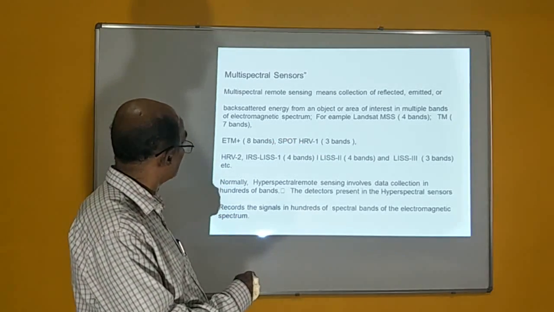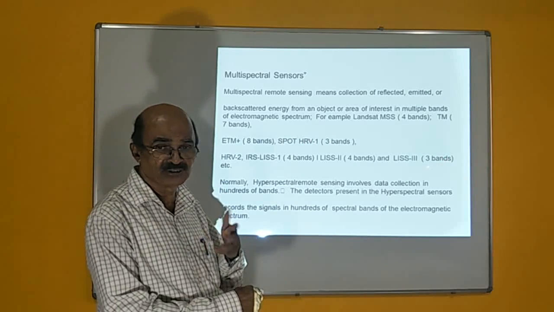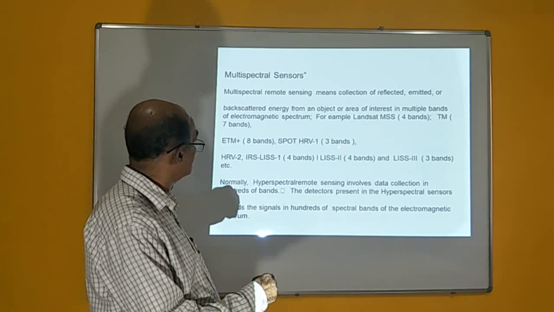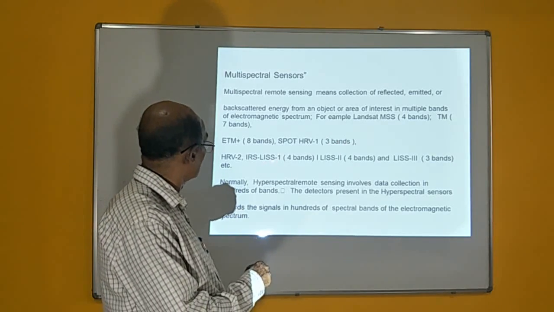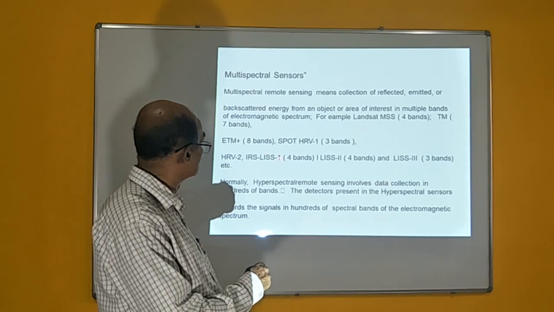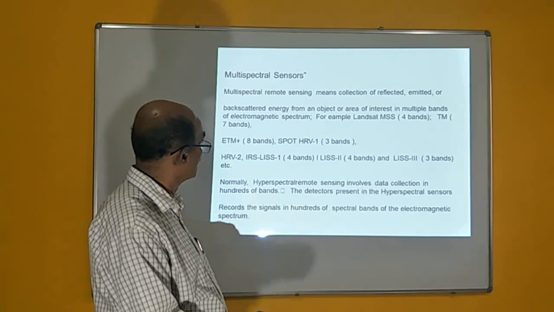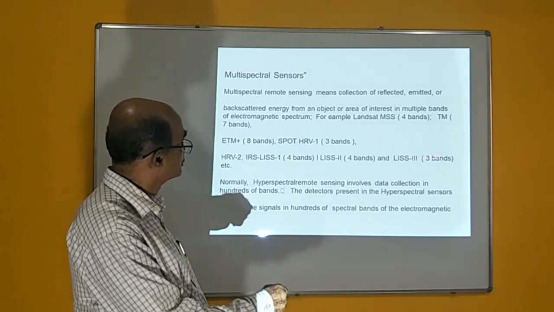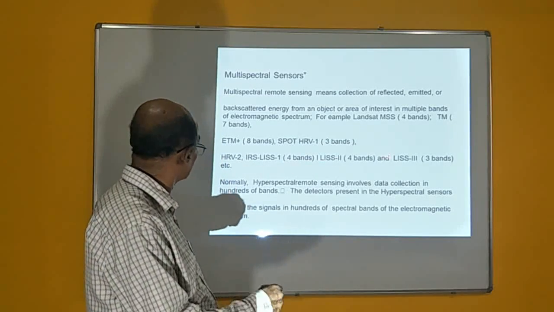The SPOT satellite carries a sensor called high resolution visible imaging sensor, which collects the data in 3 bands. Then we have the HRV2. The Indian remote sensing satellite linear imaging self-scanning sensor, LISS-1, collects the data normally in 4 bands. LISS-2 also collects the data in 4 bands. Then we have LISS-3, 3 bands. These are some of the examples of multispectral sensors.